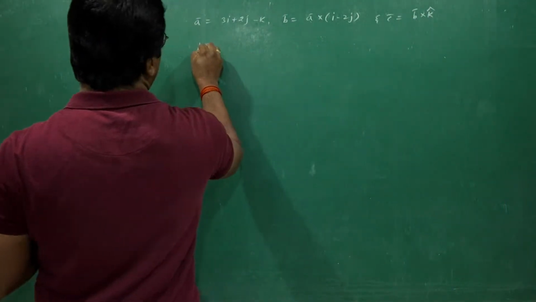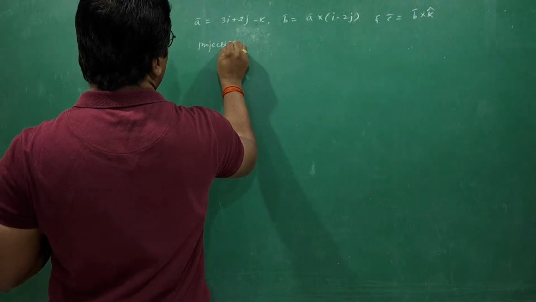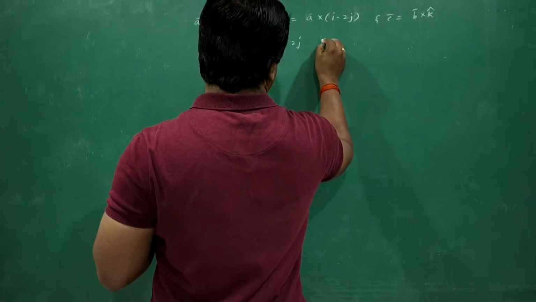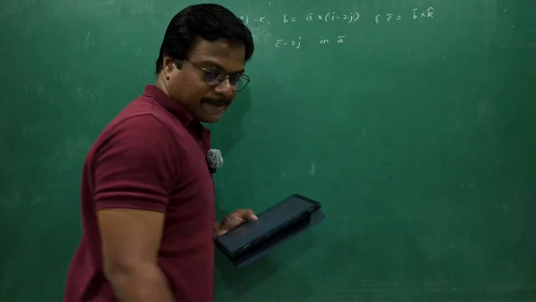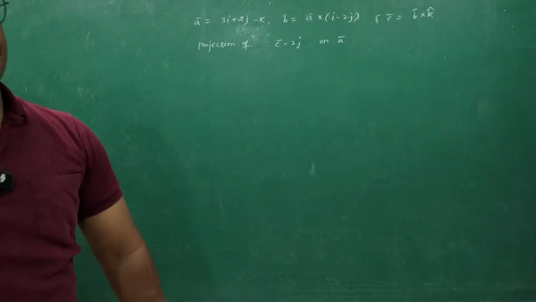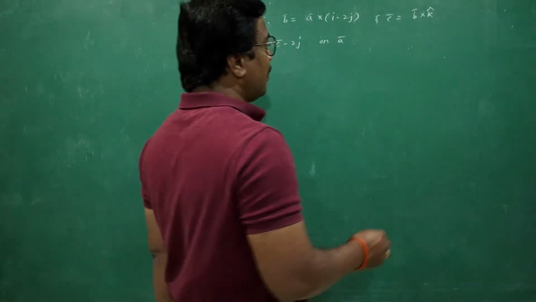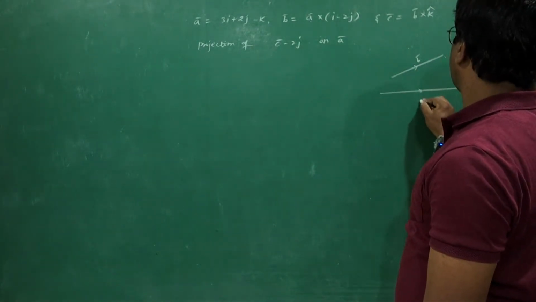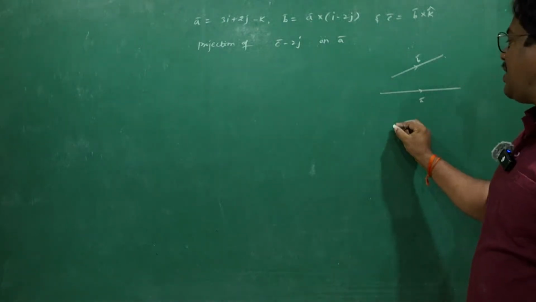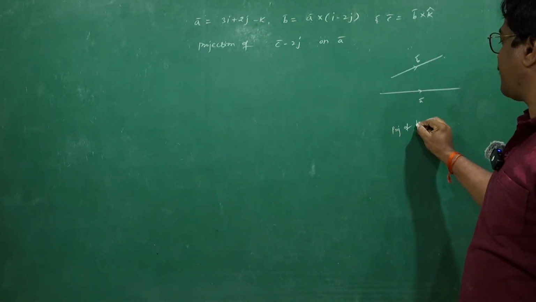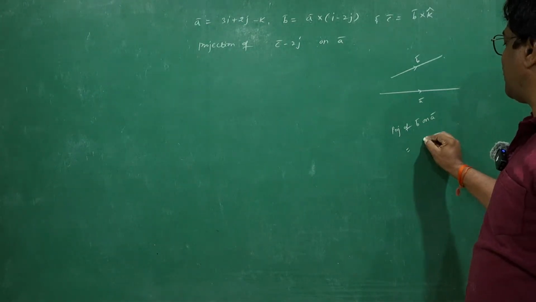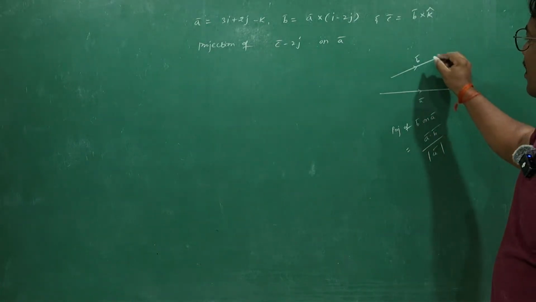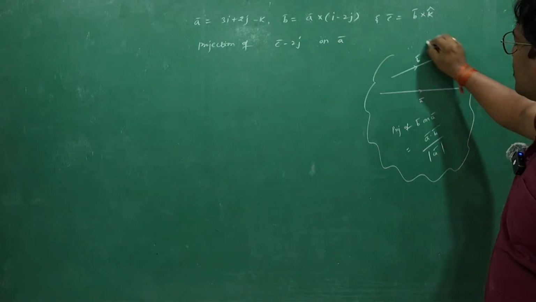Now the question is the projection of C bar minus 2j on A bar. You know that projection of B bar on A bar, projection of B on A, you know the formula: dot product of these two vectors divided by modulus of A. I am going to use this concept.